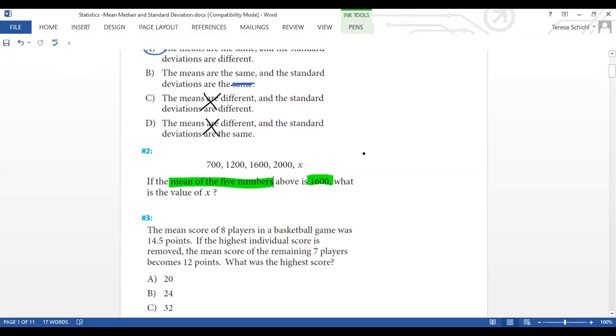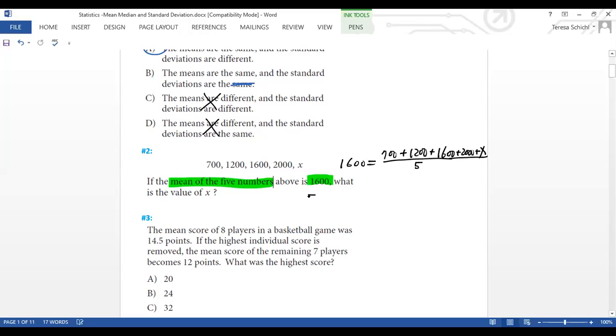You add all of them together divided by 5, right? So 1600 is equal to 700 plus 1200 plus 1600 plus 2000 plus x, all divided by 5.